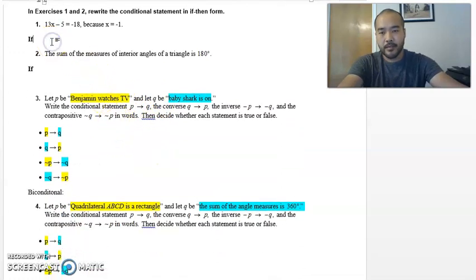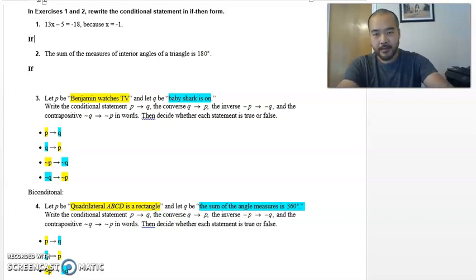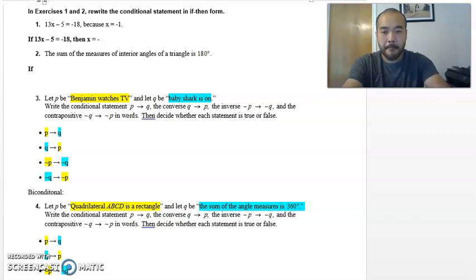So number 1 and 2 here, you have a hypothesis and a conclusion. Your hypothesis is if 13x minus 5 equals negative 18, then the conclusion is x equals negative 1.